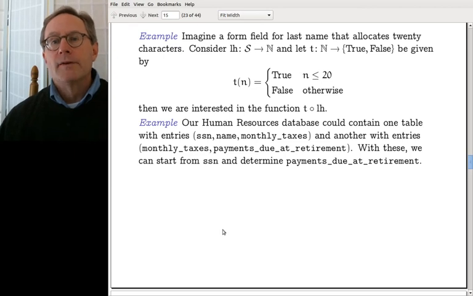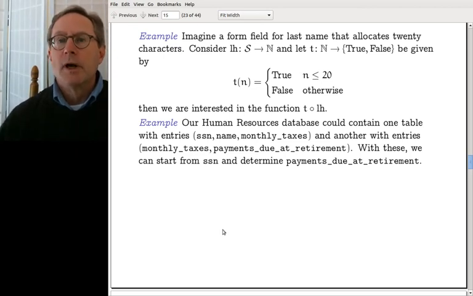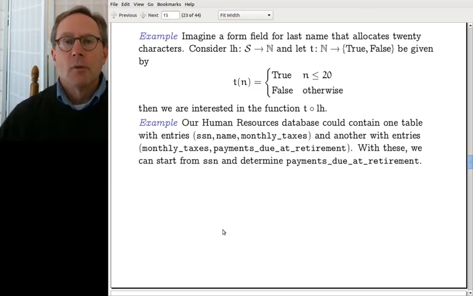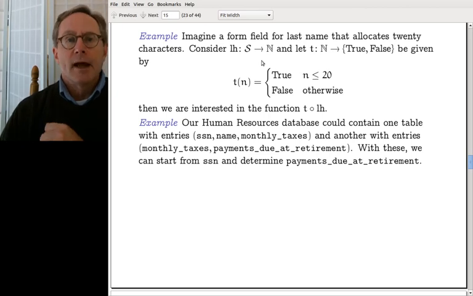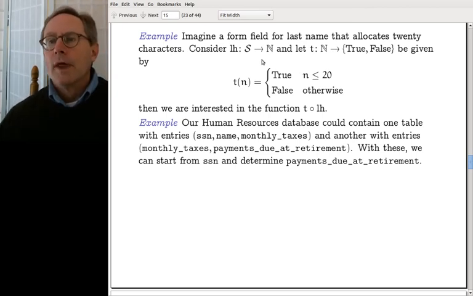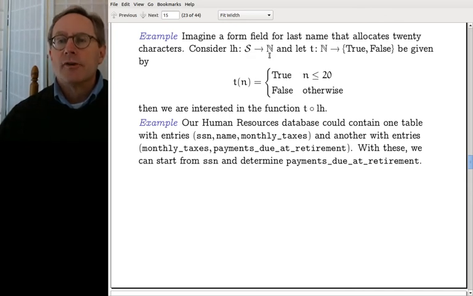So two quick examples, and then that'll be enough to do some practice homeworks with. Imagine, for example, that you're building a web page. You have a form field for last name that allocates 20 characters. Consider the length function, which takes strings and returns integers, natural numbers, and then consider the verification function that takes in integers and returns true or false, given by t of n is true if n is less than or equal to 20 and t of n is false otherwise.